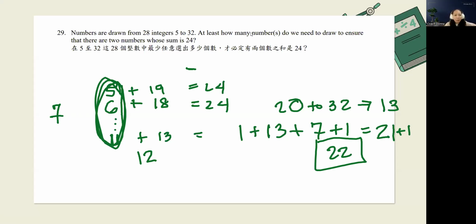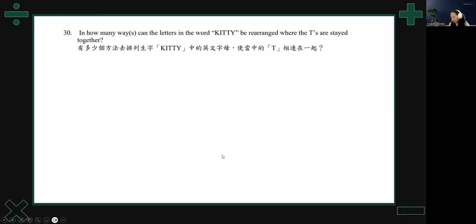We're now on to the last number, thankfully. In how many ways can the letters of the word kitty be rearranged for the T to stay together? So in questions like this, if you want something to stay together, treat it as one. So you have one K, one I, and one Y, and one pair of T. We want them to stay together, so we just consider them as one in the counting.